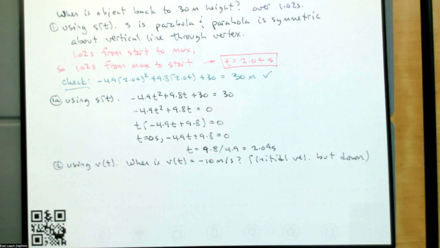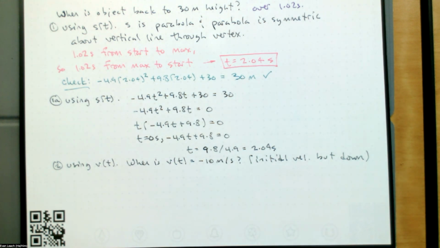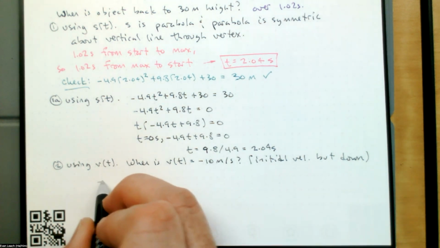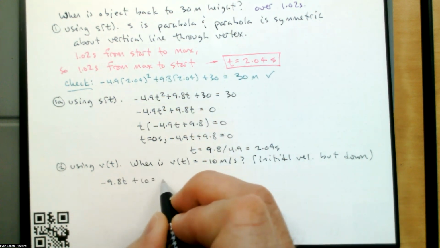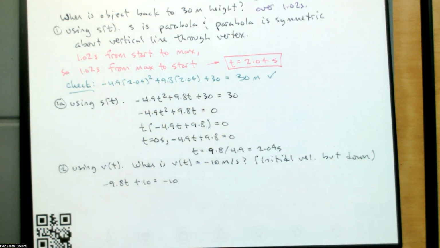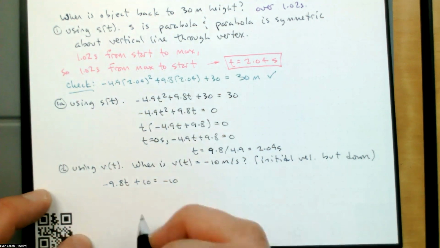I can figure out when the velocity is -10, the opposite of our starting velocity. And we can see here where the 2.04 is going to show up again. That original 1.02 came from 10 divided by 9.8. And now we're just going to be doing 20 divided by 9.8.